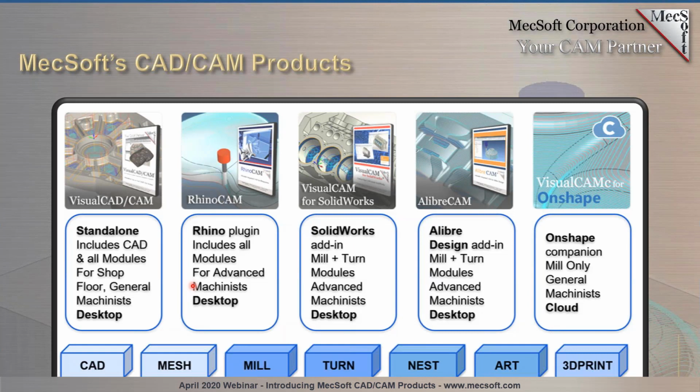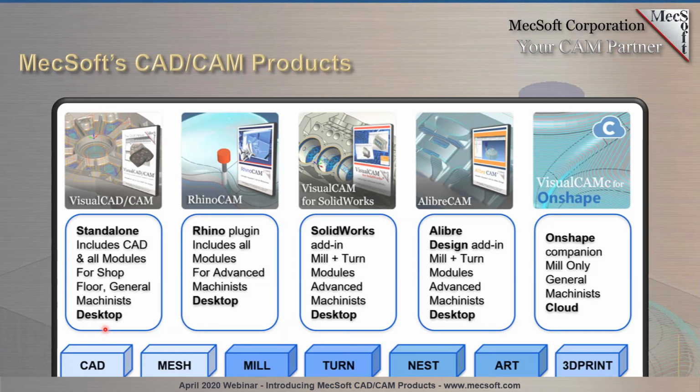Now, the CAM solutions we offer, we go all the way from CAD, mesh, mill, turn, nest, art, and a 3D print module. Our first product that we released is a standalone CAM solution. It's the Visual CAD CAM product, includes CAD, and can be purchased with all these modules.